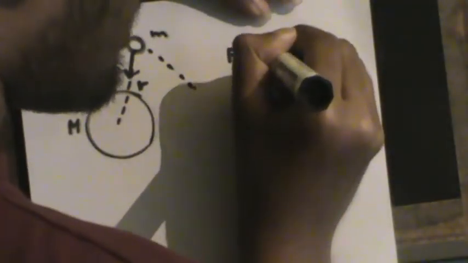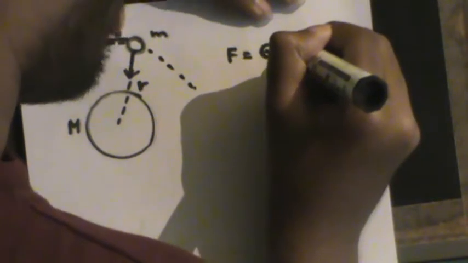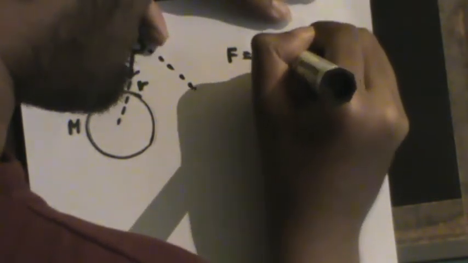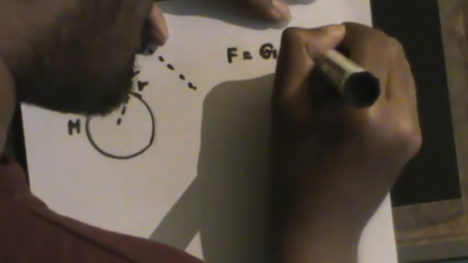From Newton's law of universal gravitation, the force of attraction equals G, the universal gravitational constant, times the product of the masses of these two objects, divided by the square of the distance between them, that is r squared. So F equals G M m by r squared.